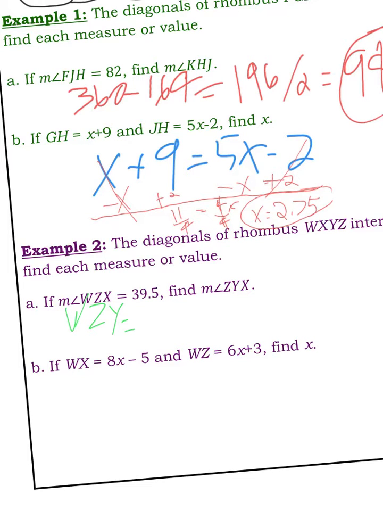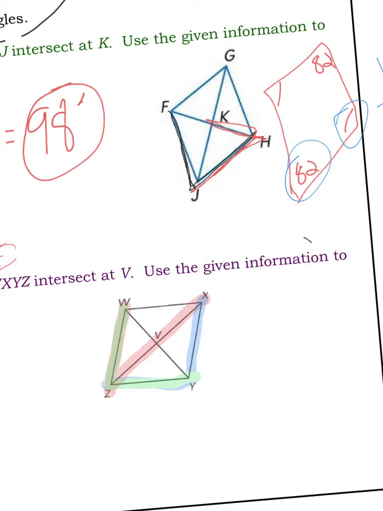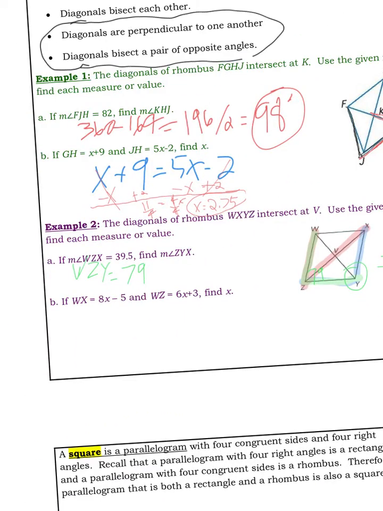So 39.5 times 2 is 79. And so what that helps me figure out is if this big angle was 79, I'm looking for this big angle right here. I just need to do 180 minus 79 because of the supplementary rule. So that's 101. So the answer is 101 degrees.